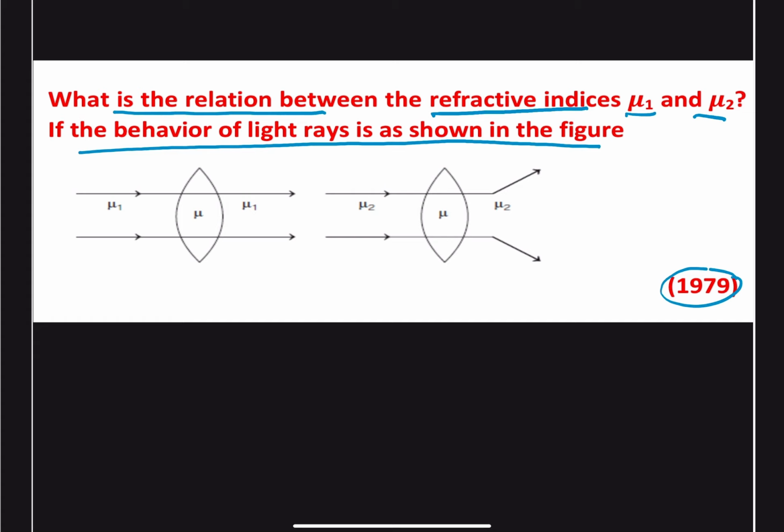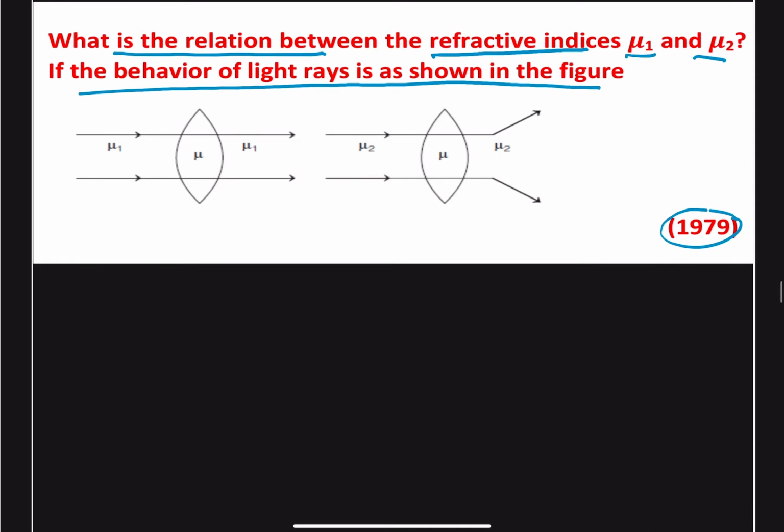If you compare both the figures, we can clearly see that in figure 1, the light ray travels in a straight line from one end to the other end, whereas in figure 2, the light ray in the second end basically diverges. So it is because of the divergence behavior.